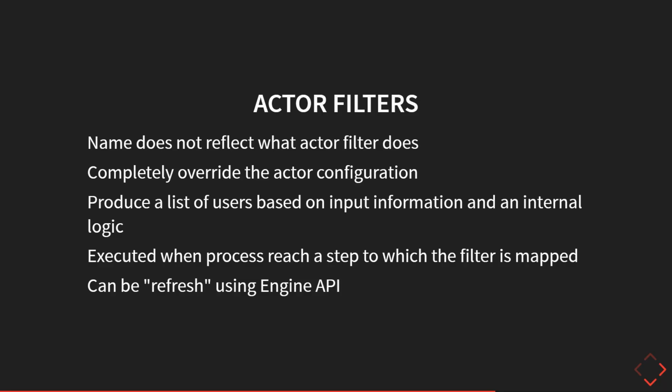I mentioned that the actor filter is only executed once when we reach the step. Actually, it's not really true. You can refresh the actor filters in case the information it relies on changed. You can refresh it using the engine API.